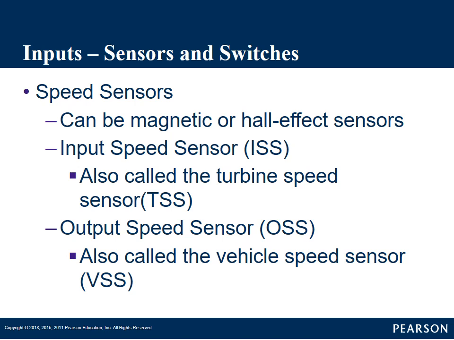This takes the place of our governor. This is why we don't need governors on electronic shifted transmissions. We have a sensor telling us how fast this transmission is turning. Okay?